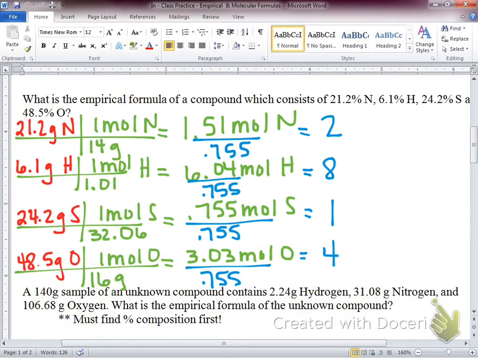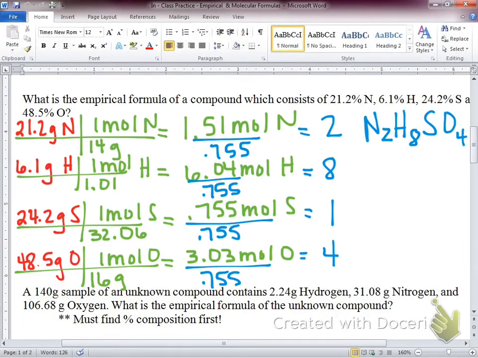Okay, so then we just start building our compound basically in the order of elements they give to us. Because sometimes the order gets a little bit tricky. You don't know which should go first, which should go second. Typically, it can go in the order they give to you. So in that case, our compound would be N2H8SO4.